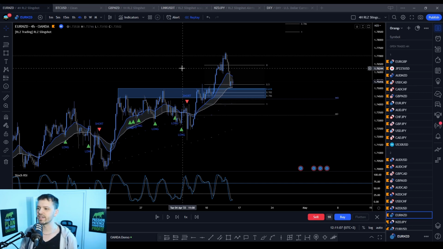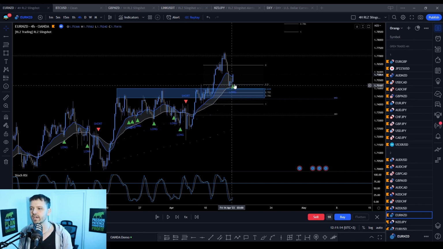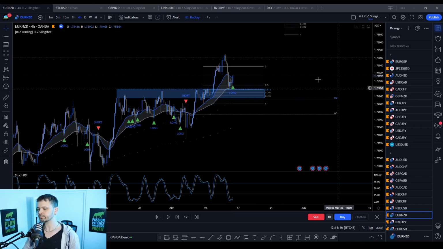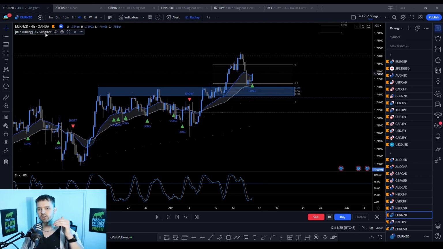Price goes down and hits the 50, confluent with the daily 50 EMA. And now right there we have a long signal. Why is this a long signal? Well, it's because the proprietary software, or whatever you want to call it, inside this indicator has now identified that the 4 hour trend is bullish.